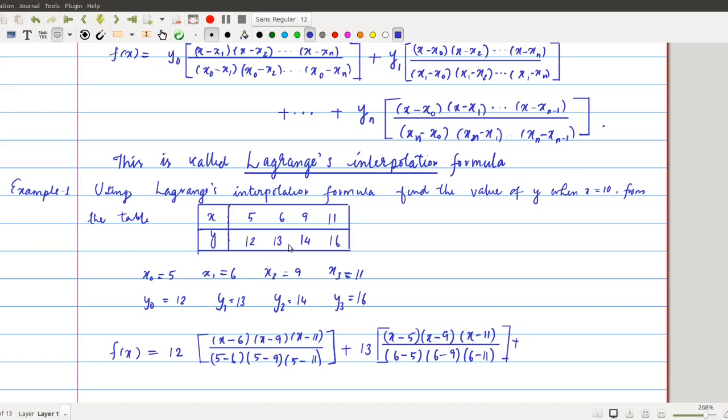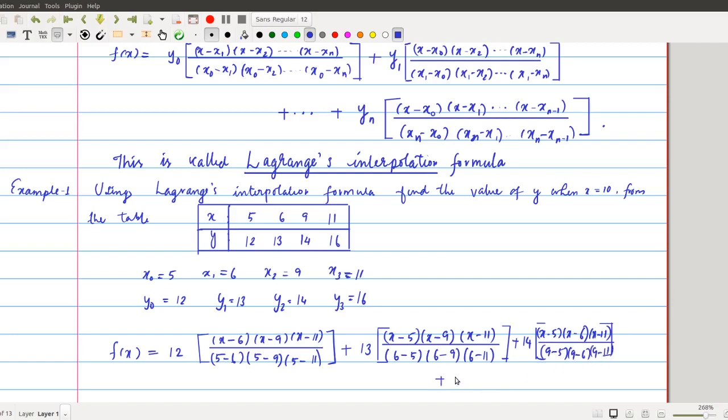Plus now we have y2 is 14, so 14 times x minus 5, x minus 6, x minus 11, divided by 9 minus 5, 9 minus 6, 9 minus 11.